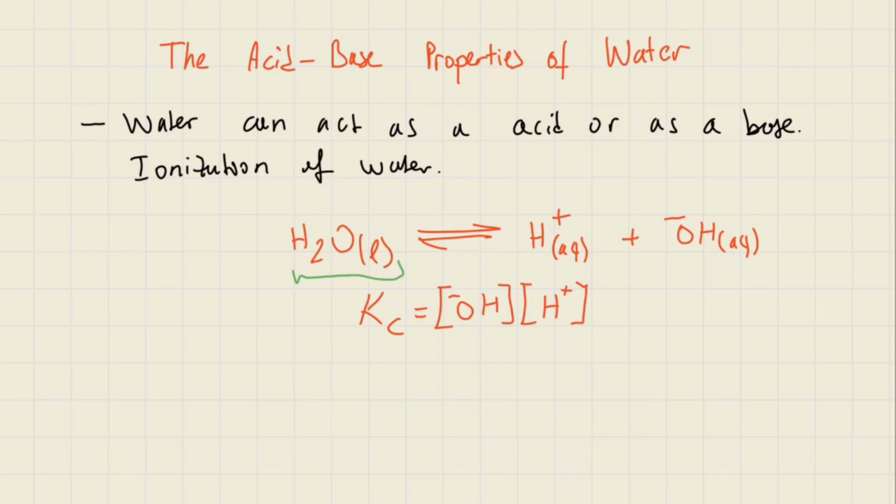So this expression is also called Kw, or ion product constant, and Kw equals OH minus times hydrogen plus concentration.